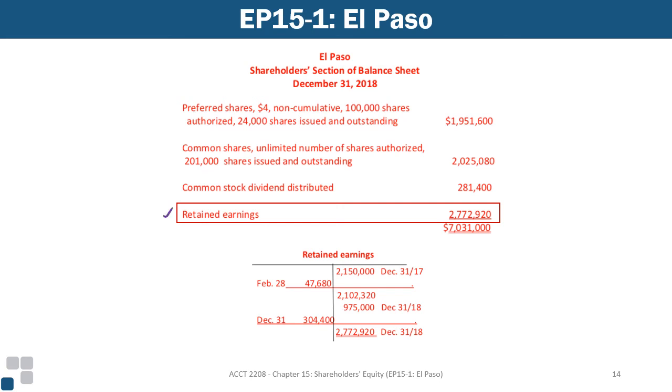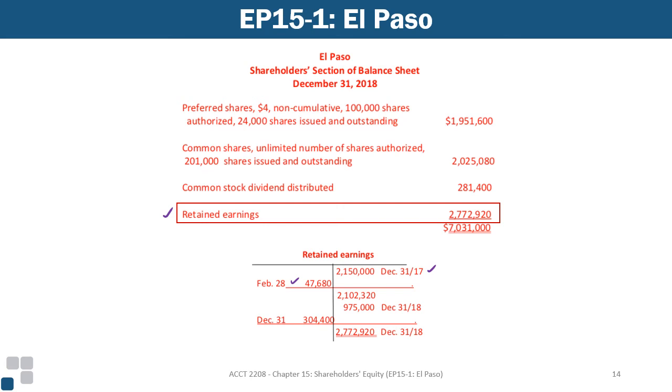And then finally, we have the retained earnings account. If you keep a T account for the retained earnings, trace all the transactions through from the journal entries. We started the year with $2,150,000. February 28th, we had an adjustment of $47,680 for the repurchase.